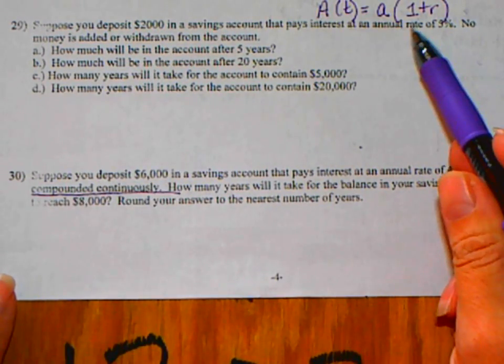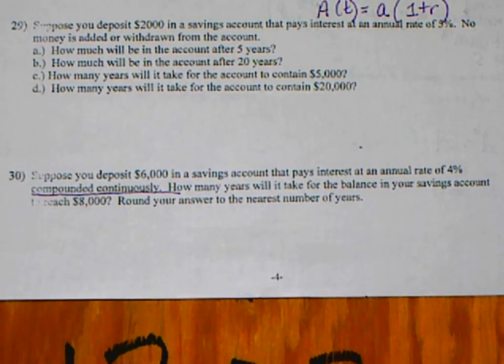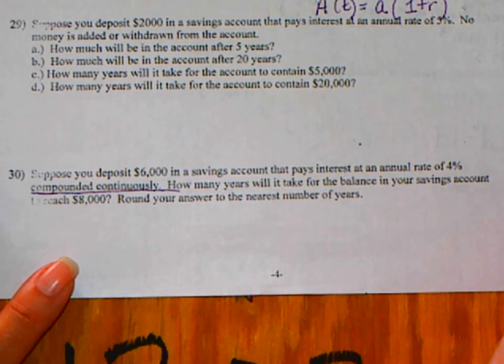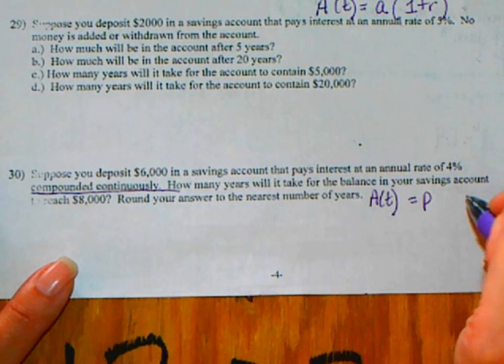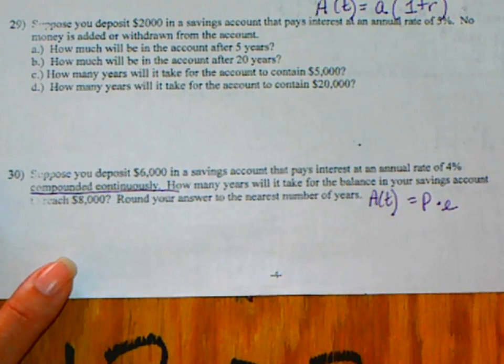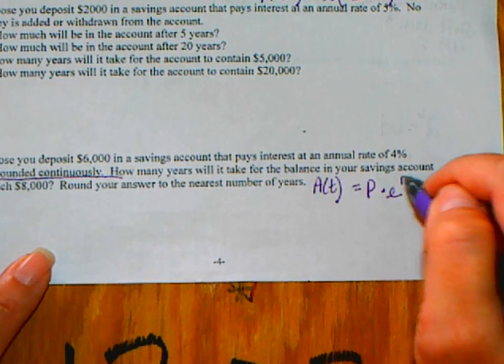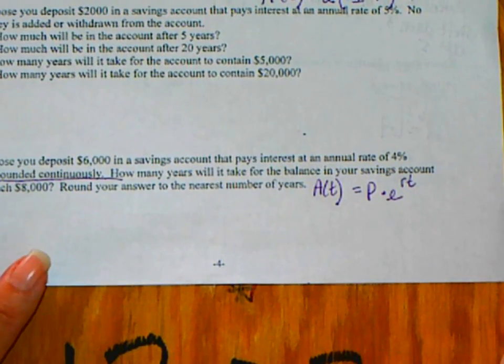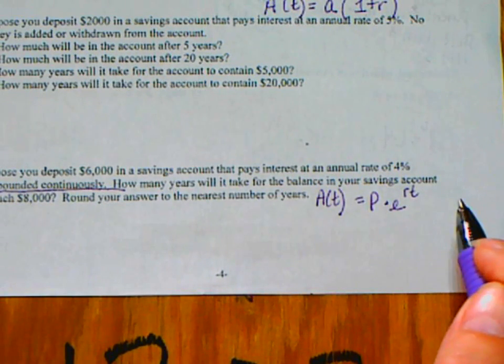We can't use the same formula that we just used on the last one, because when you see continuously, that tells you to change over to the very last formula that we learned on page 27, and that formula is A of t equals P, remember that stands for principal, times e, that's your natural base, raised to the rate times time. On the test, I'll put these formulas on the board, but I'm not going to tell you when to use which one and what each thing stands for. You've got to know how to do that.